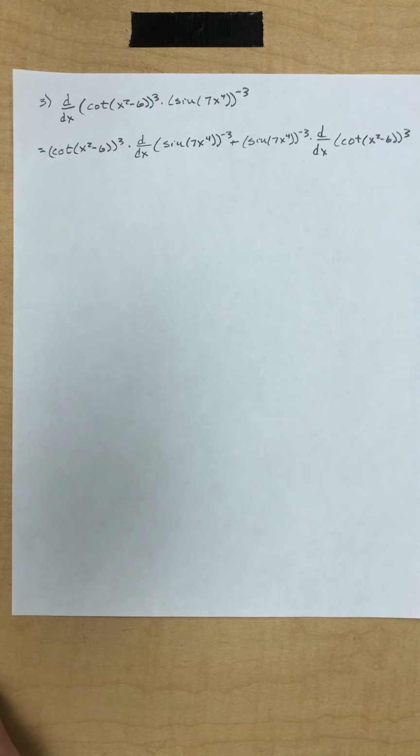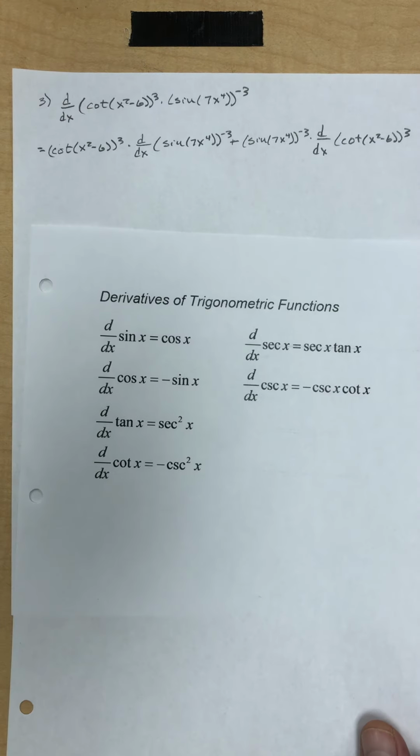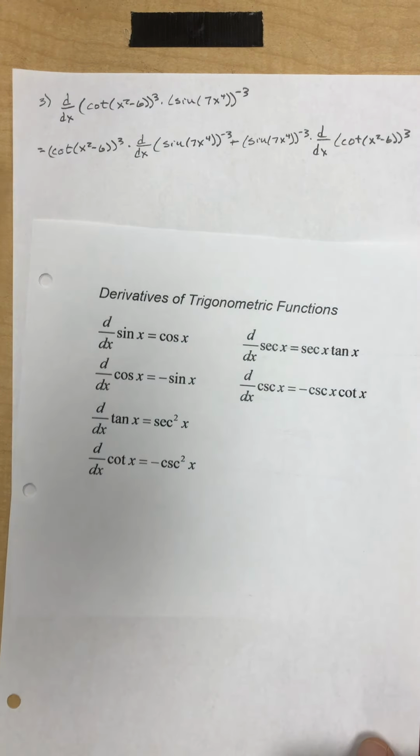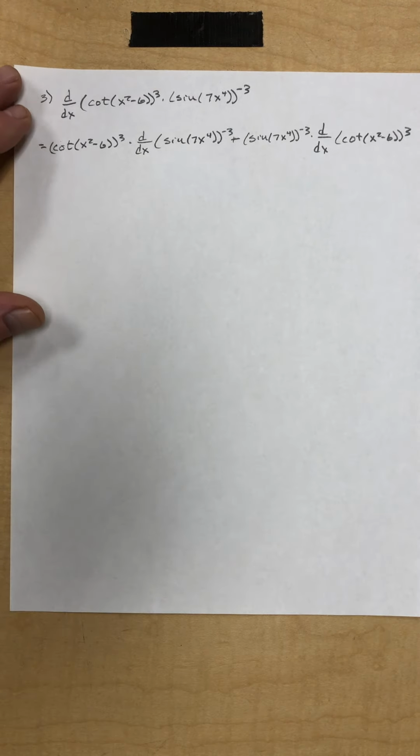Okay, and don't forget this guy. We work with sine a lot, but we don't always work with cotangent on a regular basis, so you want to make sure you have access to that guy.